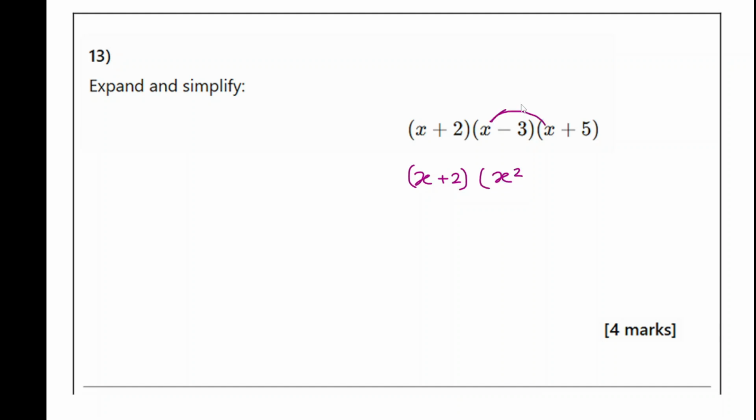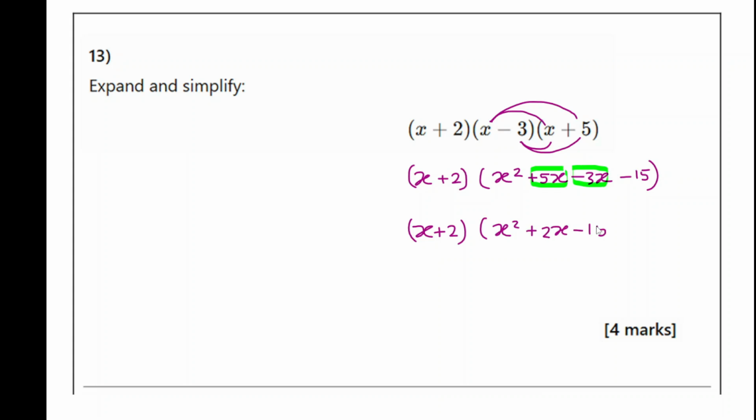X times 5, 5x. Negative 3 times x, negative 3x. Now you can see obviously 5x and negative 3x are like terms. Let's combine them. X add 2, x squared. 5x take away 3x is obviously 2x, take away 15.